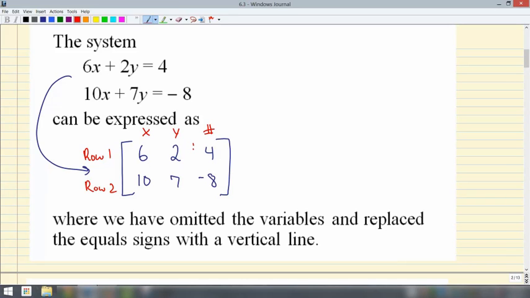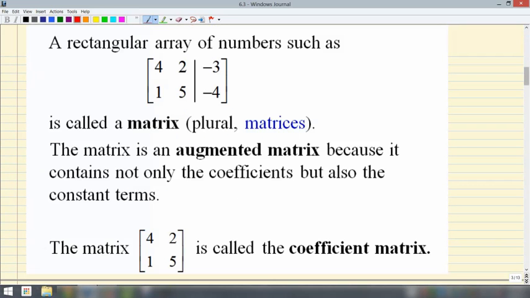Sometimes you'll see a line in between the variables and the number, and that line usually represents an equal sign. So what we've done is we've omitted the variables and replaced the equal sign with this vertical line. Let's talk a little bit more about matrices and how they behave. A rectangular array of numbers such as this one is called a matrix.